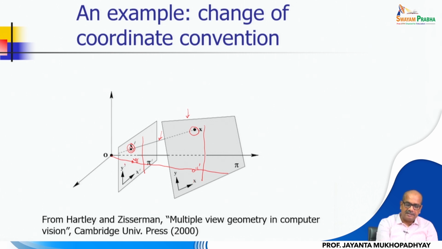First, these two are projective spaces. This defines a P², and this defines a P², though their underlying 3D coordinate systems are the same, but they have different coordinate conventions internally on the plane. You have coordinate axes, their origins and conventions, and they could be quite different.